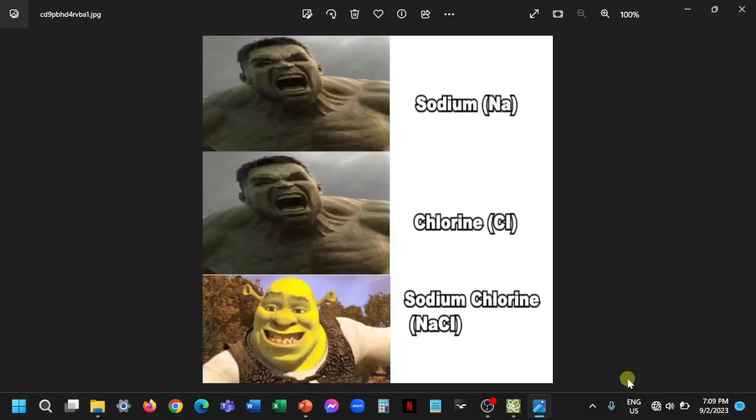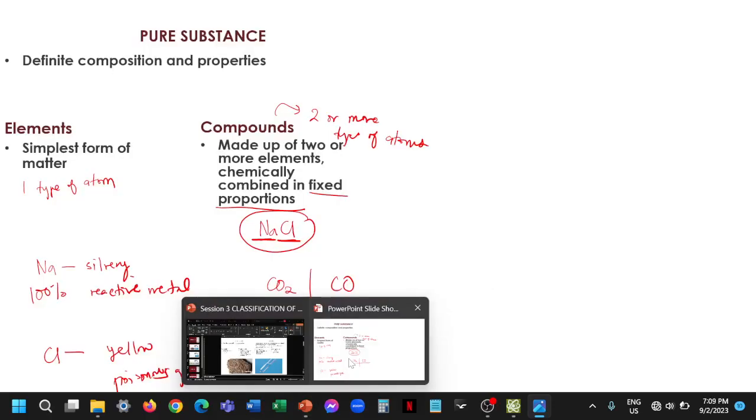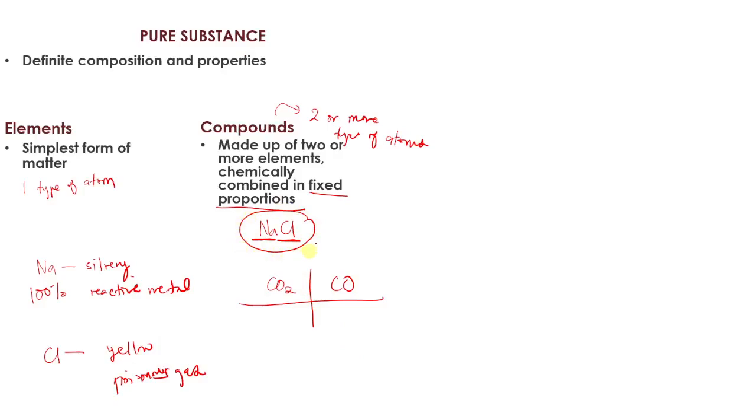Sodium is a very reactive metal, chlorine is a poisonous gas, but when they combine, they form sodium chloride, which is a very safe substance. Of course, we even add this in our food. So again, this NaCl will have a different set of properties, different from its constituent elements.